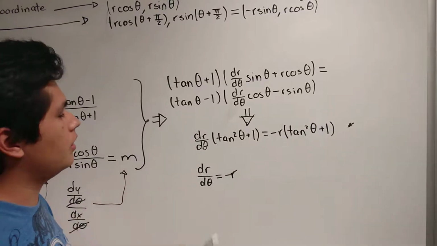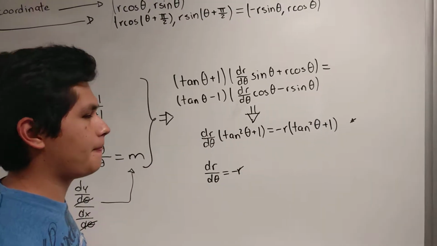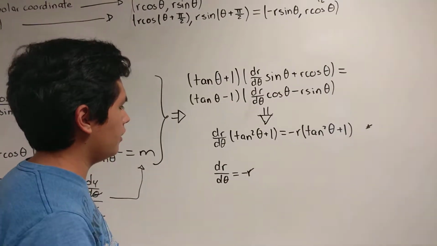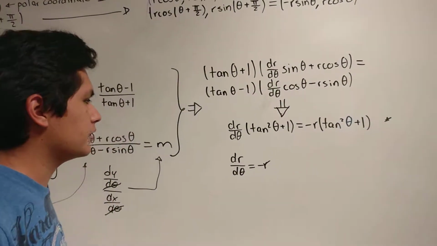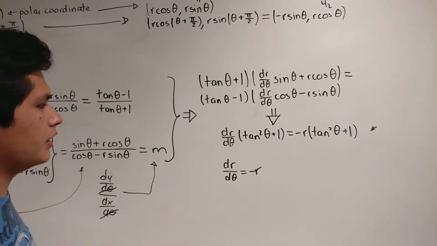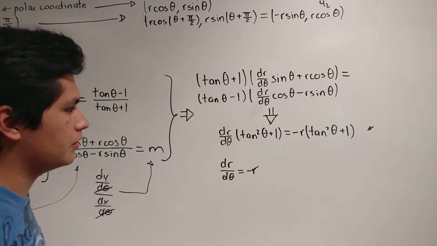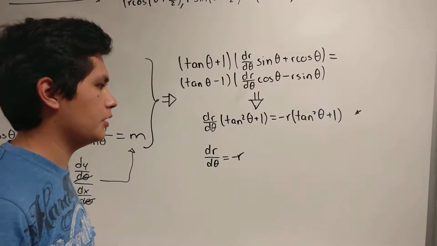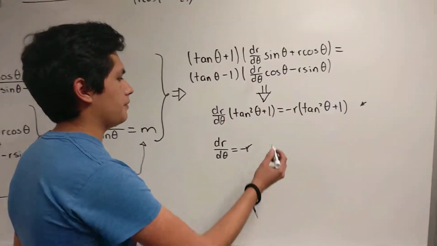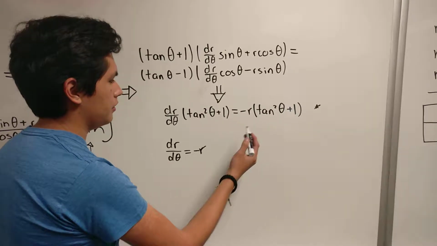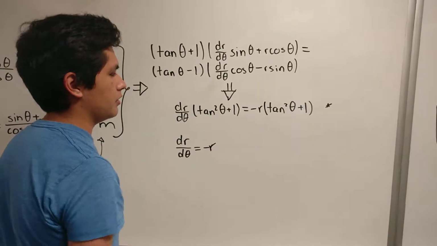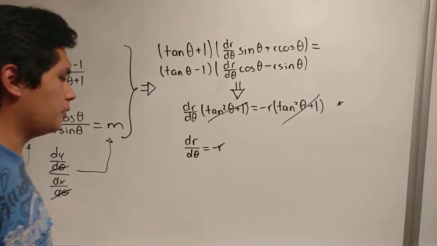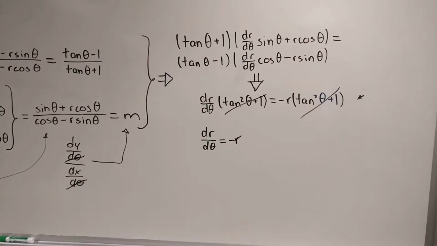And then thanks to more trigonometric identities, we end up with dr over d theta times tangent squared of theta plus 1 equals negative r times tangent squared of theta plus 1. Here, we cancel out tangent squared of theta plus 1, since we have them on both sides. Therefore, we know that dr over d theta is equal to negative r.